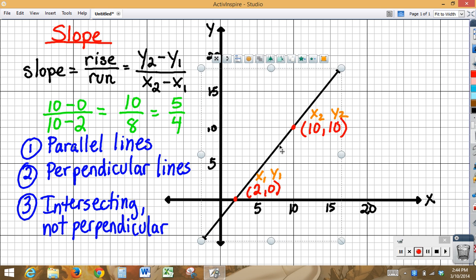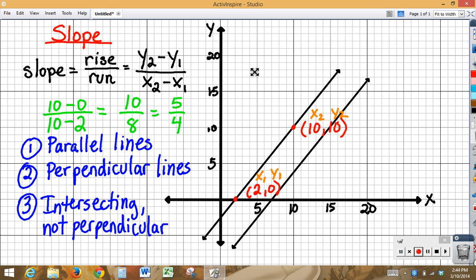So parallel lines, as you could probably guess, have the same slope. So I'm going to copy this line. And look, I can move it all over the place, and the slope does not ever change. So I'm going to move it over here.